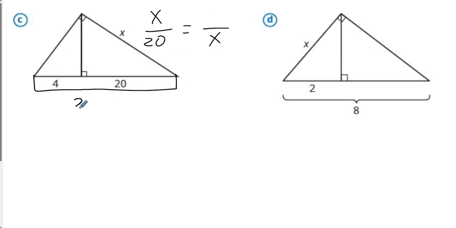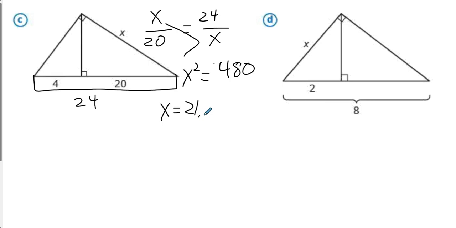The whole thing's 24, so sometimes you have to add those up. You'll get 24 there. Cross multiply: X squared equals 20 times 24, which is 480. Take the square root of 480, and I get X equals 21.9.